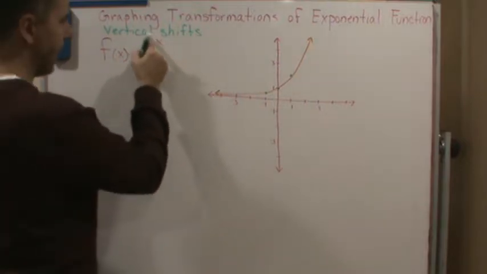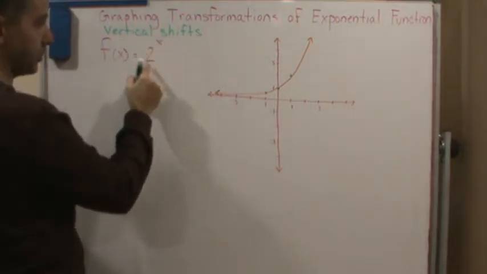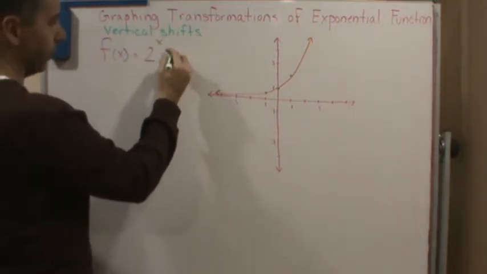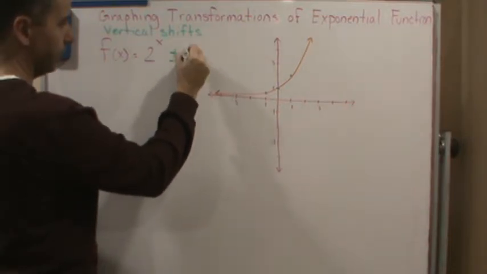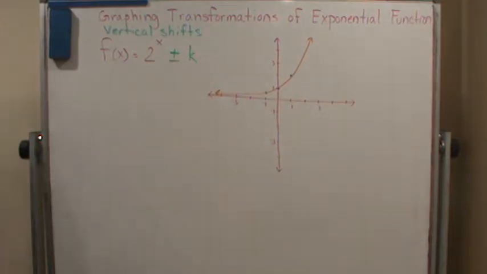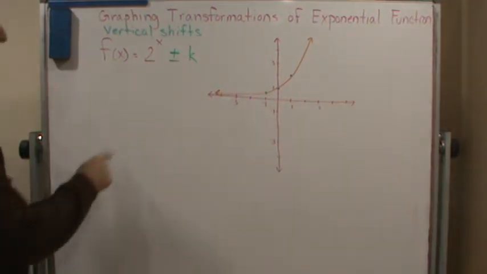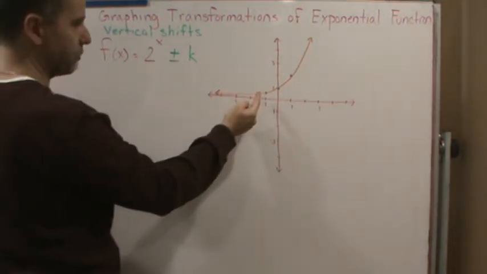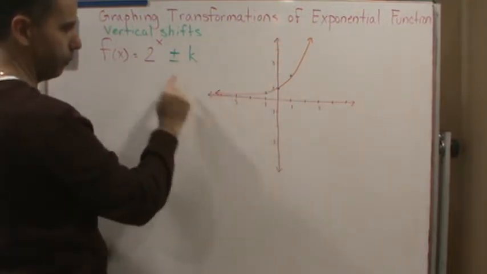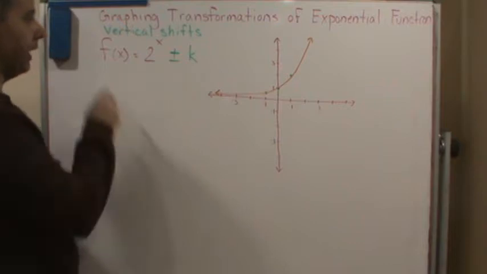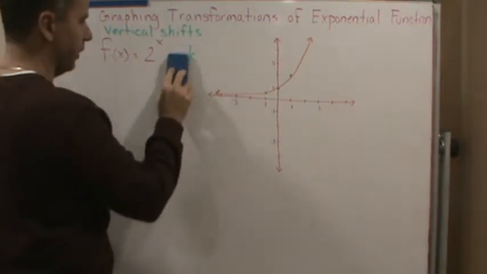It means outside this exponential function, we're going to add or subtract some constant. That is going to either move it up if it's an addition, or move it down when it's a subtraction. And that is a vertical shift.